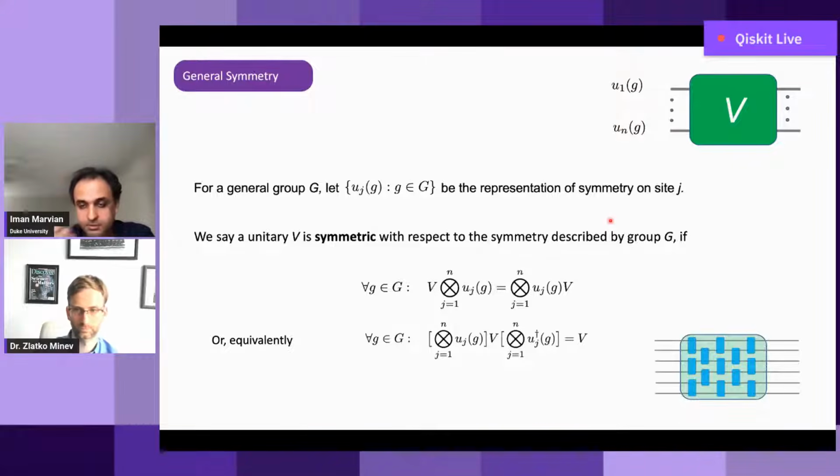Okay. Now I should also mention that I set up the problem in the case of U1 symmetry, but of course you can define it for a general symmetry group G. In principle, you can imagine that this group has different representations on different subsystems. Then you can ask what the set of realizable unitaries on the entire system is, and what the set of realizable unitaries is by composing k-local symmetric unitaries.